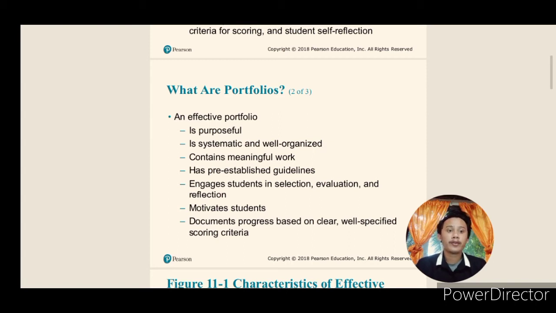Of course, portfolios give students the opportunity to reflect on their progress, since it is the collection of their best works, and they motivate students and document progress based on clear, well-specified scoring criteria. Those are the things we can see if a portfolio is really effective.